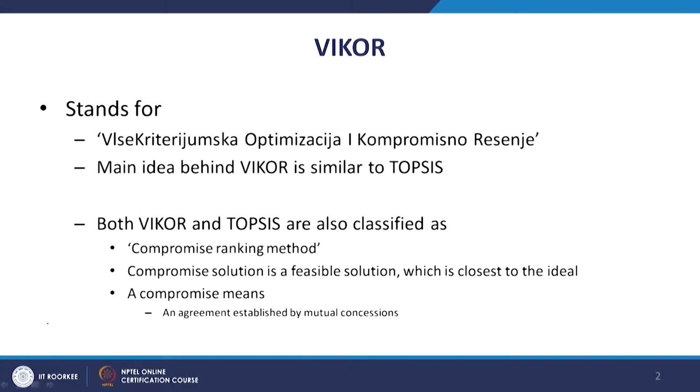The term compromise used for these two techniques essentially means a similar thing. And what do we mean by a compromise here? An agreement established by mutual concessions. That is the additional part in VIKOR.